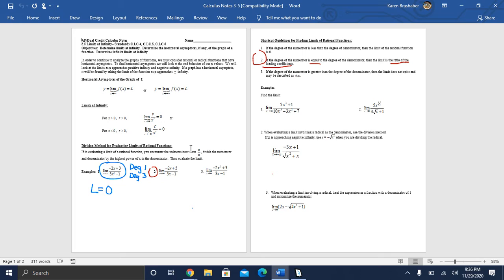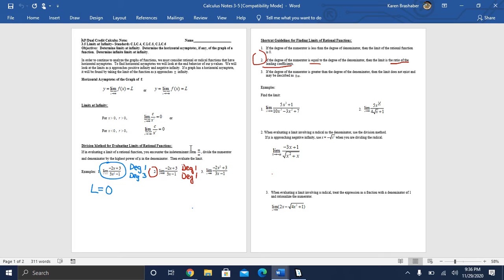In example number 2, you had the limit as x goes to infinity, and we have our degrees. So in the numerator, we have a degree of 1 because it's x to the first, and in our denominator, we have a degree of 1, again, x to the first.